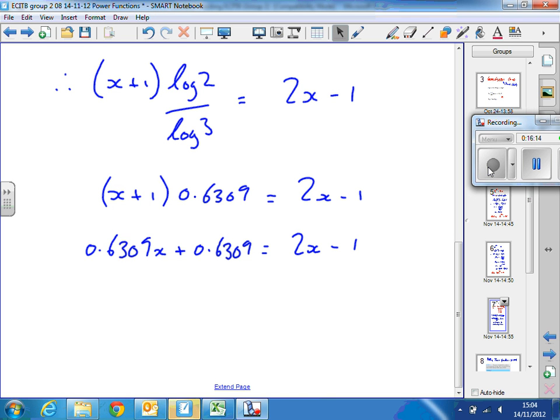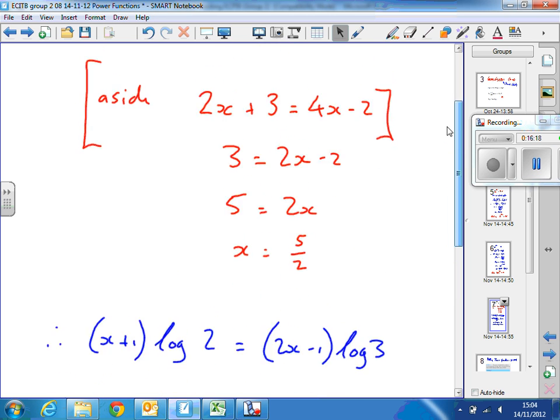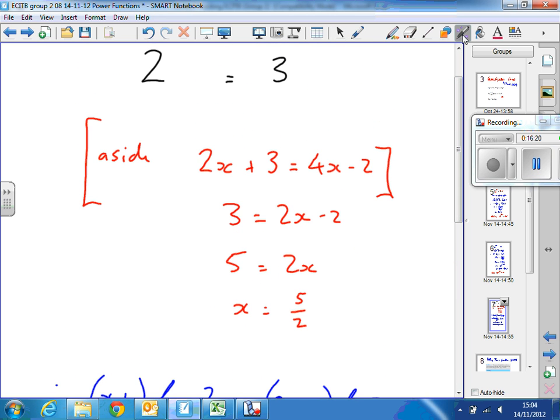Okay, now we think back to the aside we just did, and that's very like this aside. We've got x's both sides of the equation and numbers both sides of the equation. So as before, we try and get all the x's on one side and the numbers on the other. Remember the criteria we used? We subtracted the smallest number of x's, so we left ourselves with a positive value for x.